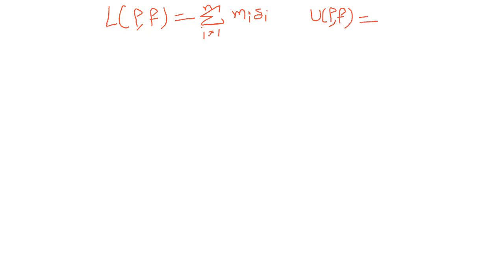So in the previous lecture we started the topic of how to find the LPF and UPF. LPF we know is always summation i equal to 1 to n, mi delta i, and UPF was capital Mi delta i.